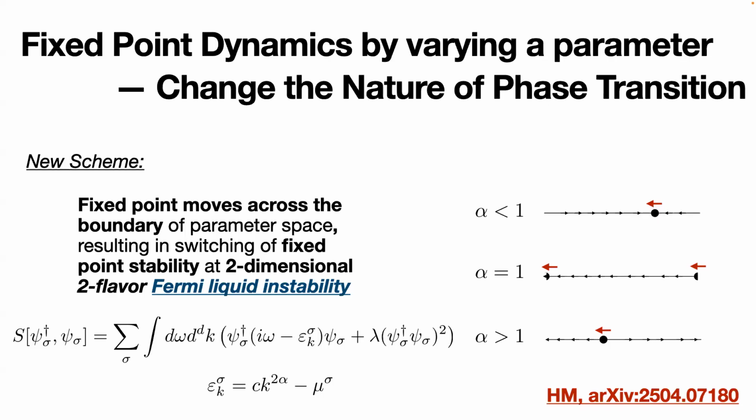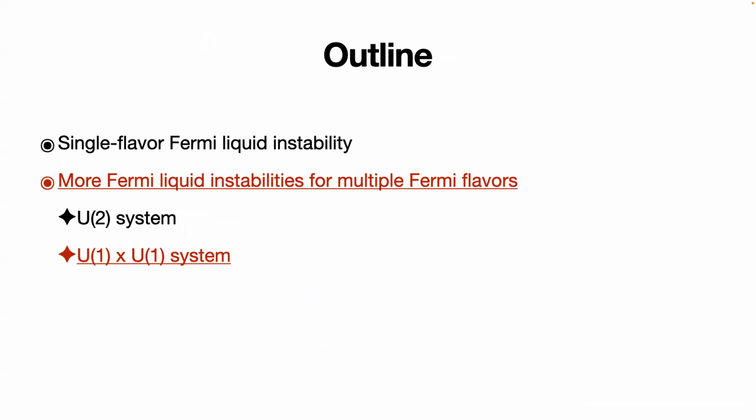By changing its stability, we can change the nature of the phase transition. When alpha is less than 1, the transition is continuous. When alpha is larger than 1, the transition is first order, because we can always flow to infinity.